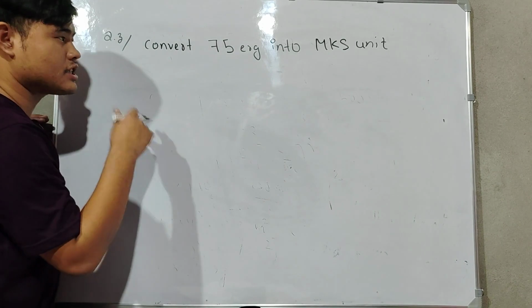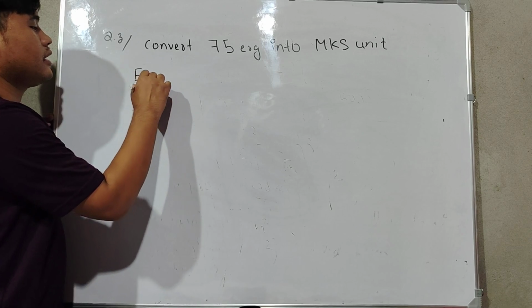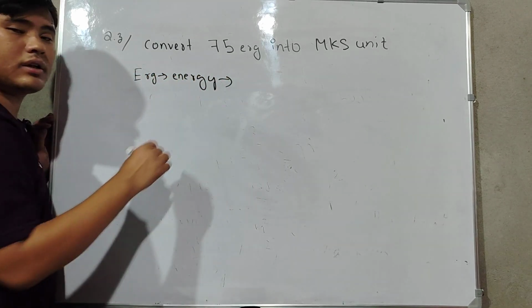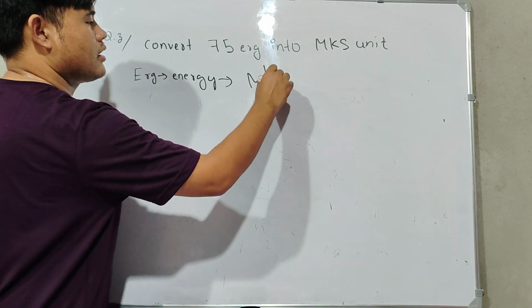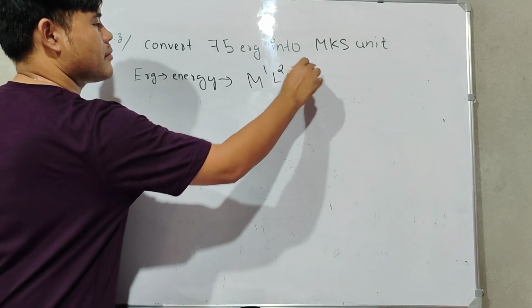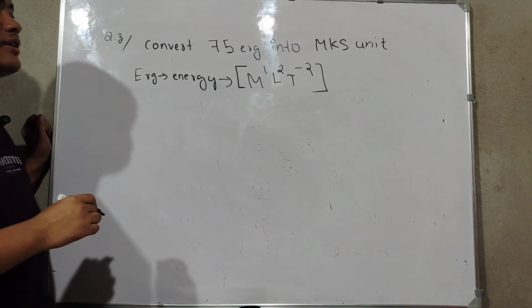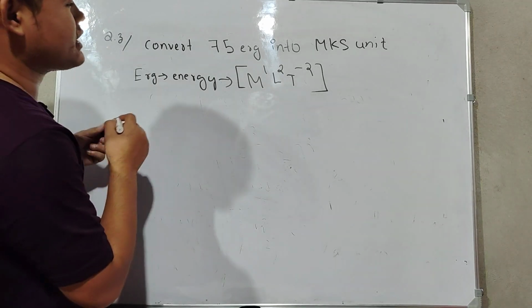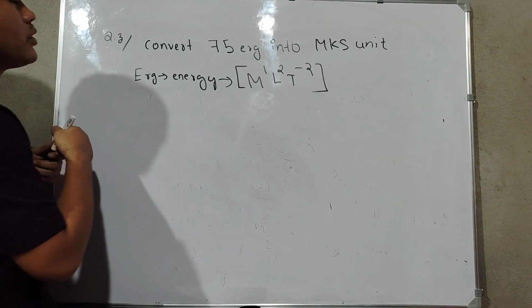Just now before, I said erg is the unit of what? Energy, right? Erg is the unit of energy only. So now what is the dimension of energy? M^1 L^2 T^-2.